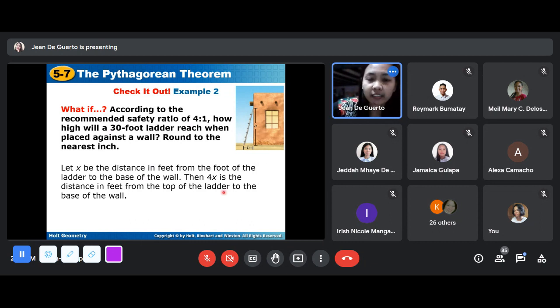The longer leg. Kasi dito sabi, 4:1. So, 4x. Yung 30, yun yung, anong tawag dito? Diagonal. Yun yung length ng ladder from end to end.